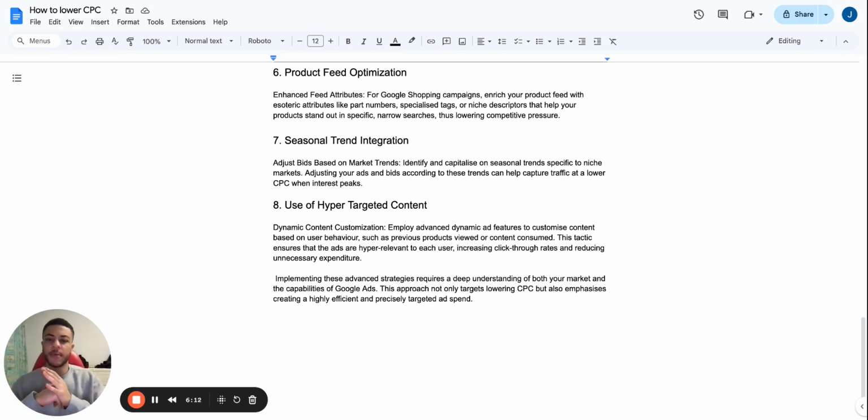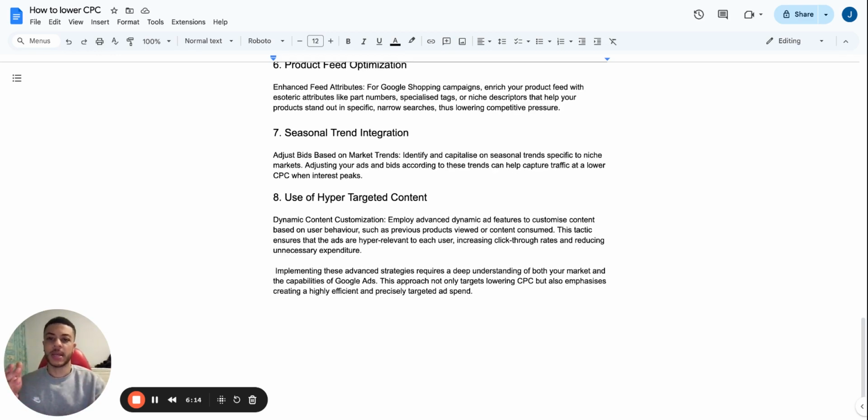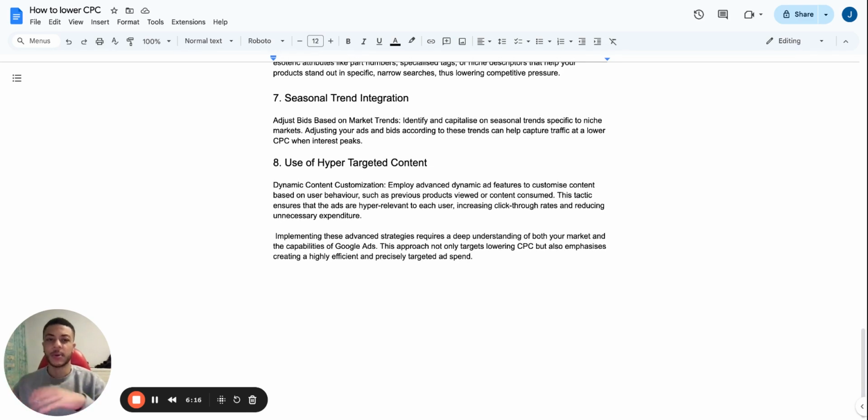So number seven would be seasonal trend integration. Basically, this is just targeting people during things like Boxing Day trends, Christmas sales, stuff like that. So you want to adjust your bids based on market trends. You want to identify and capitalize on seasonal trends specific to niche markets.